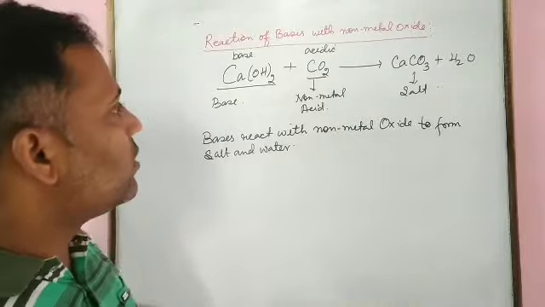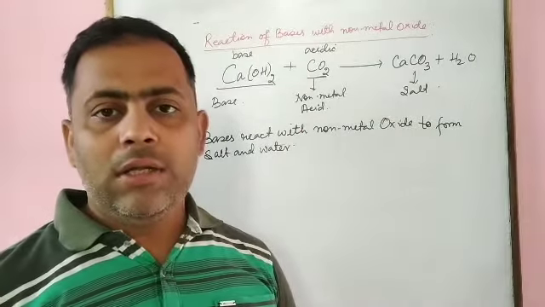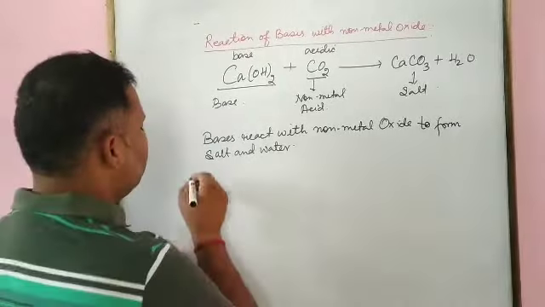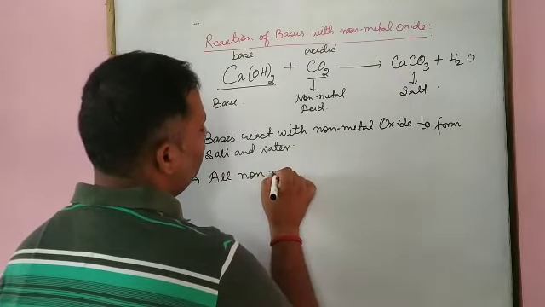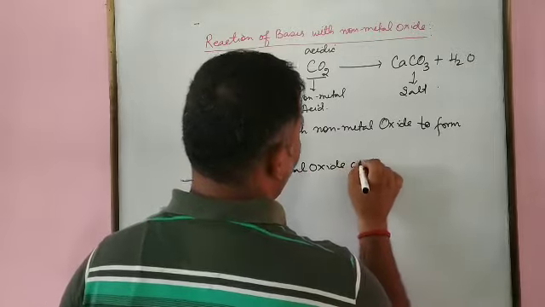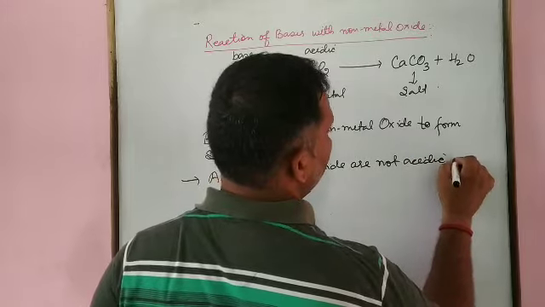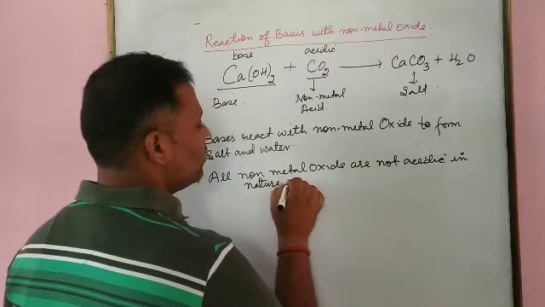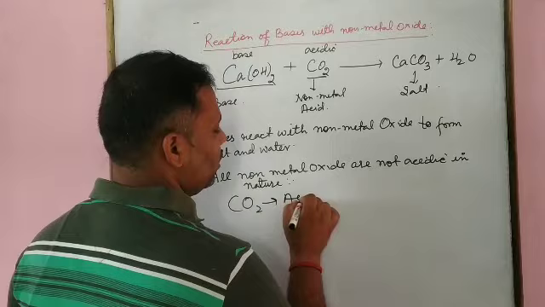But a question arises: are all non-metal oxides acidic in nature? No. Because what we conclude is that all non-metal oxides are not acidic in nature. I will discuss a few of them. Carbon dioxide, CO2, is acidic.